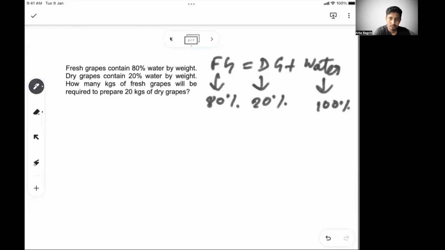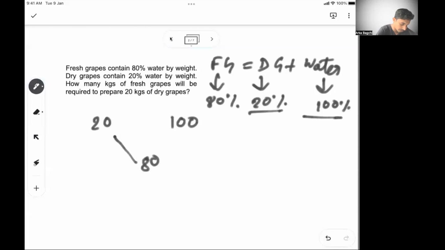So dry grape and water are 20 and 100. If I mix them in a certain way, they will give me a fresh grape where the water is 80. So 80 is the target, the average weight of the water in the mixture. So this should be in the ratio of 100 minus 80, 20, and 20 minus 80, 60. So this should be in the ratio of 1:3.